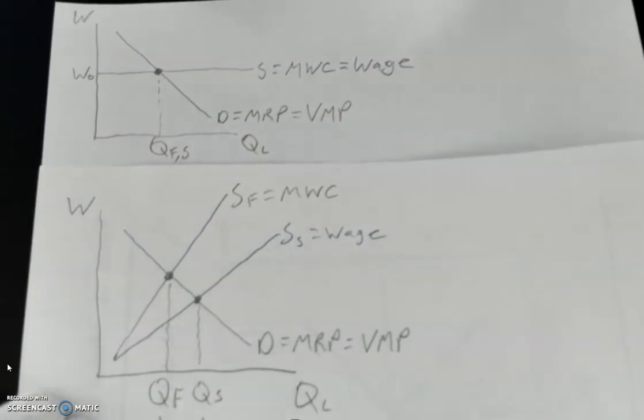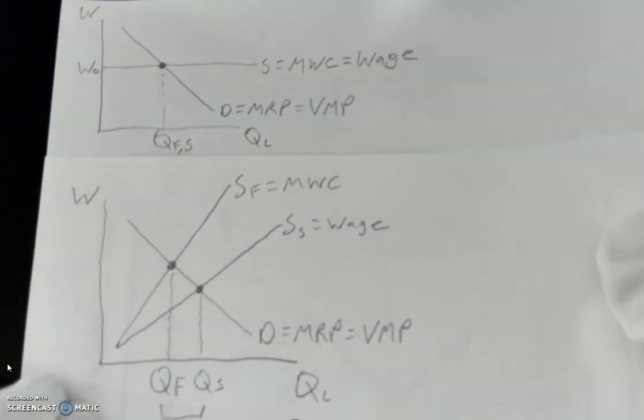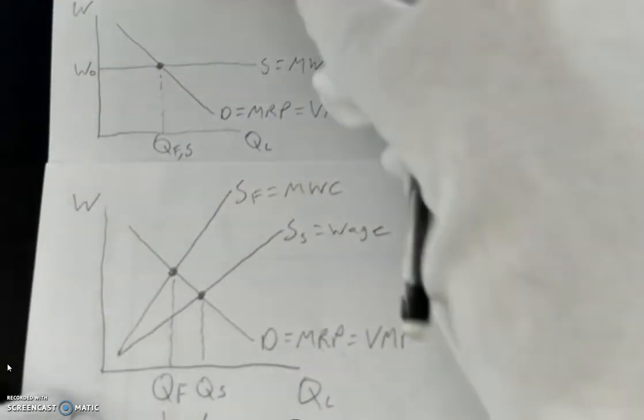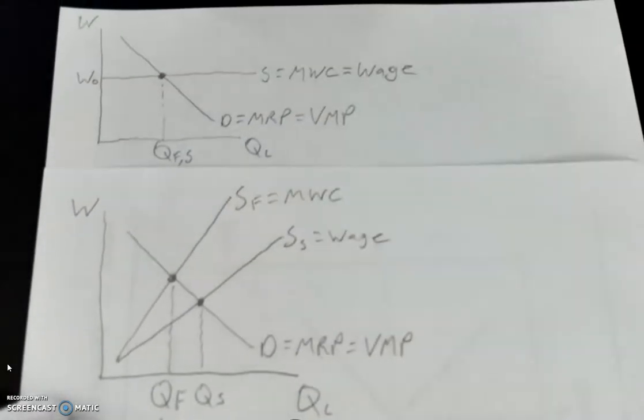We have an underemployment of resources, and that means we have less workers being hired based on profit maximization than society would see as efficiency maximizing. So we get a market failure, effectively, and an inefficient outcome.